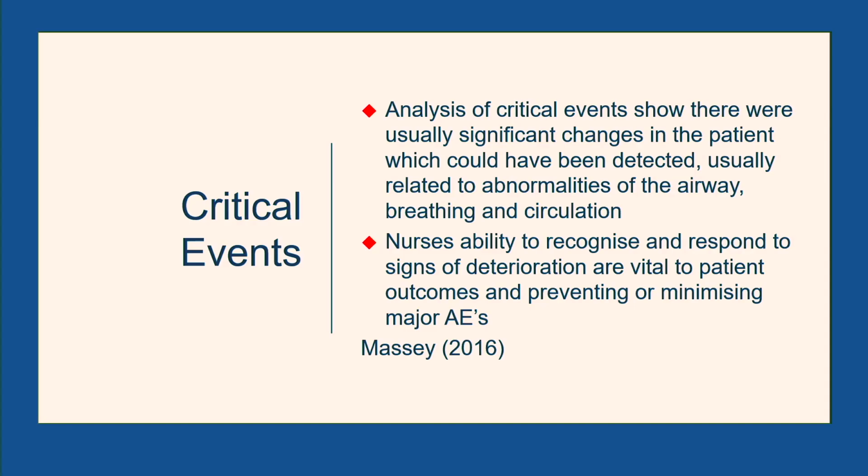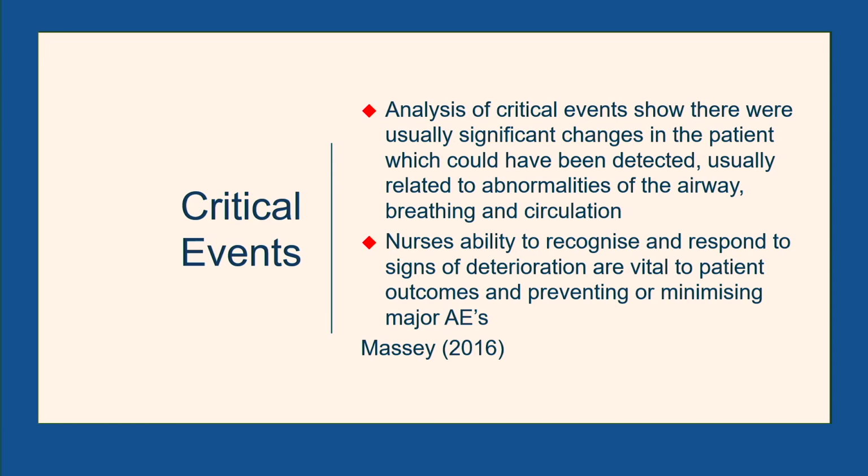What we do know is that when people deteriorate and there are critical events in hospital, usually there were significant changes in the patient which could have been detected, and usually those are related to abnormalities of the airway, the breathing and or the circulation.